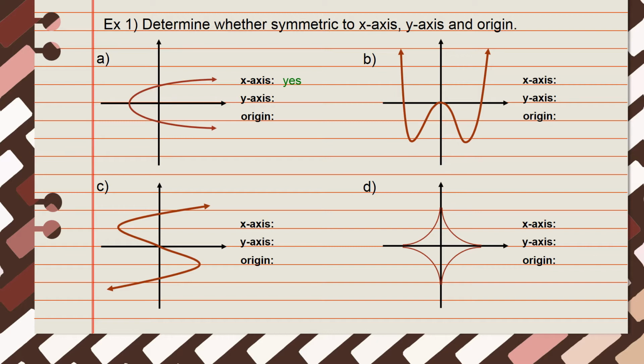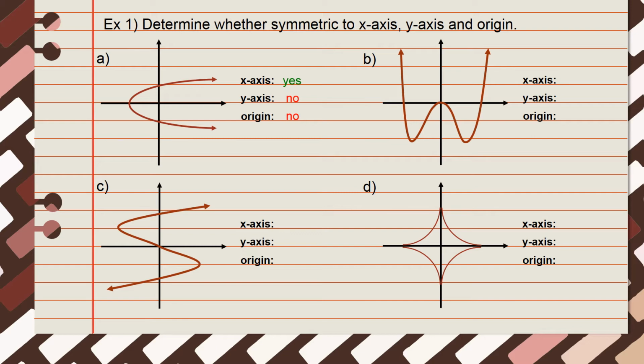Now, symmetric to the y-axis means, is this symmetric as if looking in a mirror? Is this a mirror image? No. Now, to determine if it's symmetric to the origin, it means if I were to rotate this graph 180 degrees, would it look just like the original graph? No. So this is not symmetric to the origin.